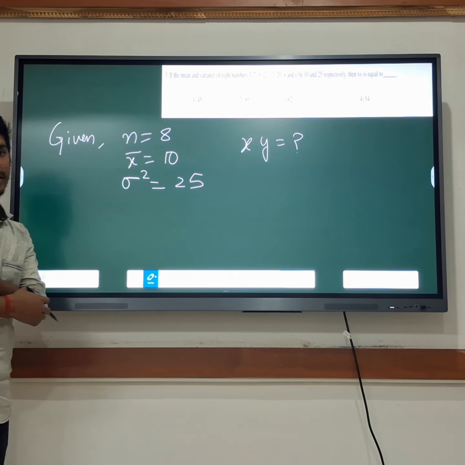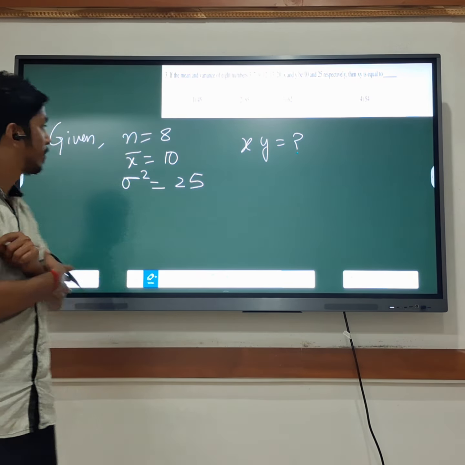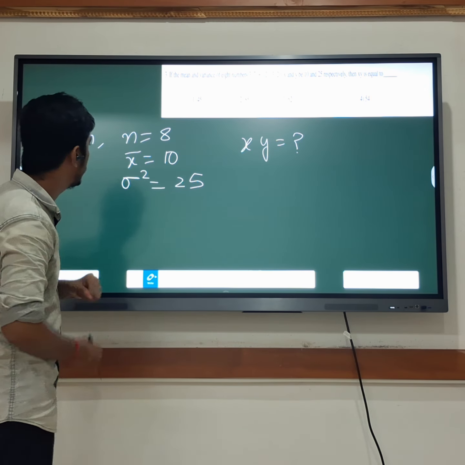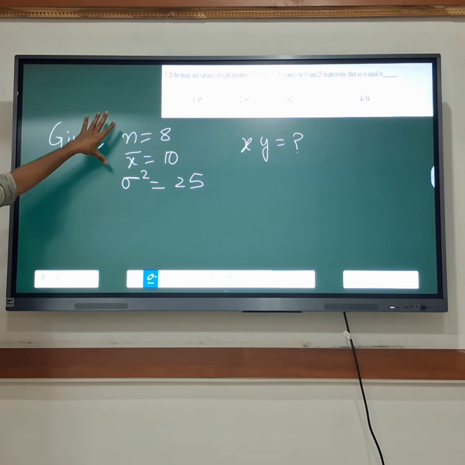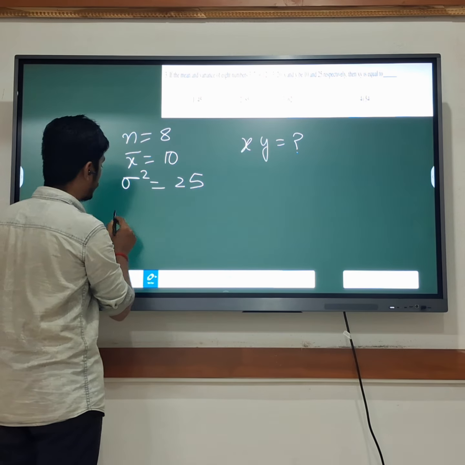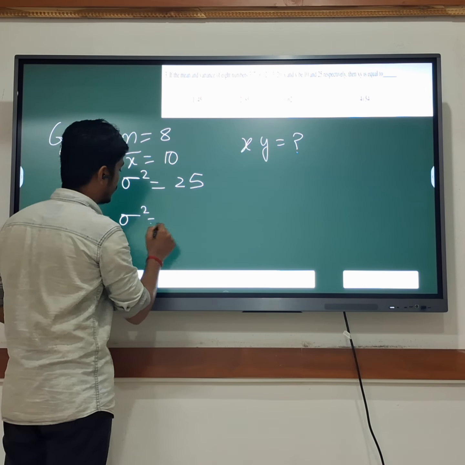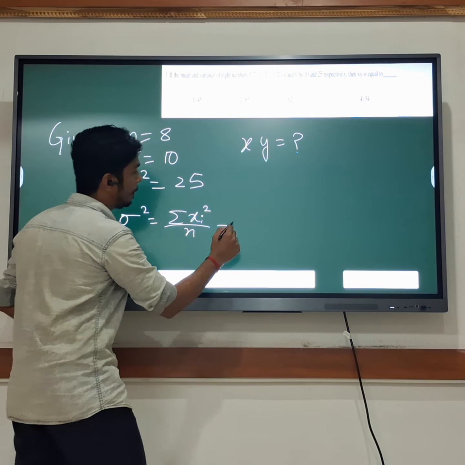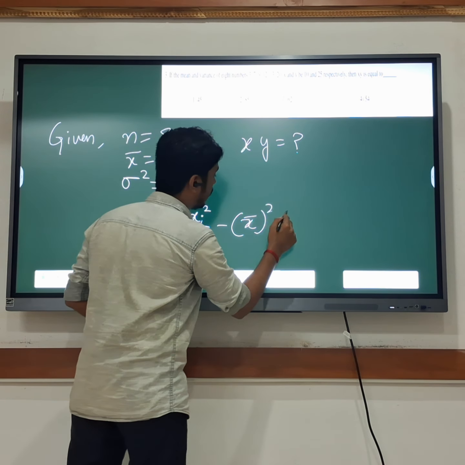So how can we find x and y? Just take it, a very interesting problem. Here x bar is given and sigma square is given. We know the formula for sigma square is equal to summation xi square divided by n minus x bar whole square.